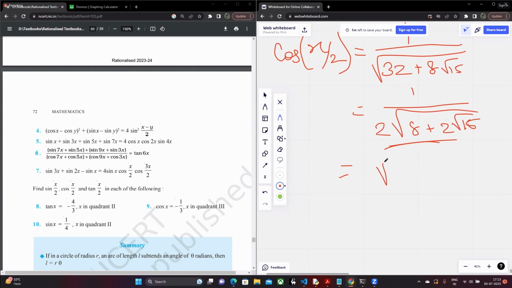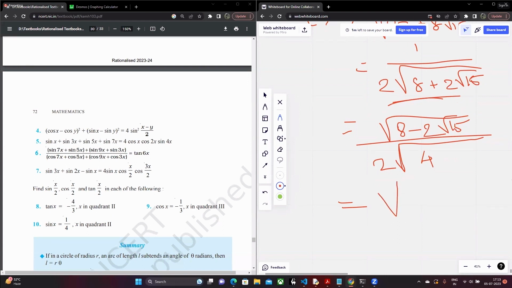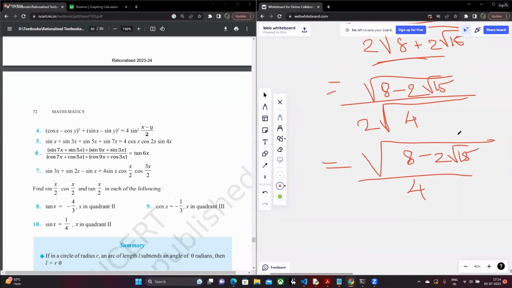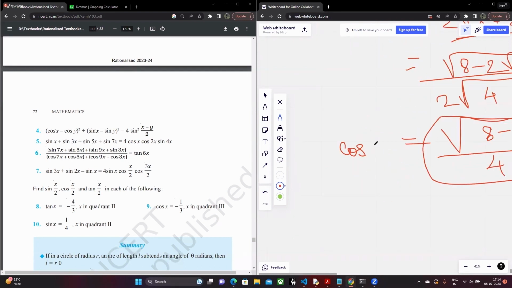So this will be square root of 8 minus 2 divided by 2 into square root of, this is 64 minus 60, that is going to be 4. So you will basically be left with square root of 8 minus 2 root 15 divided by 4. Right? That is going to be the value of cos of x by 2.